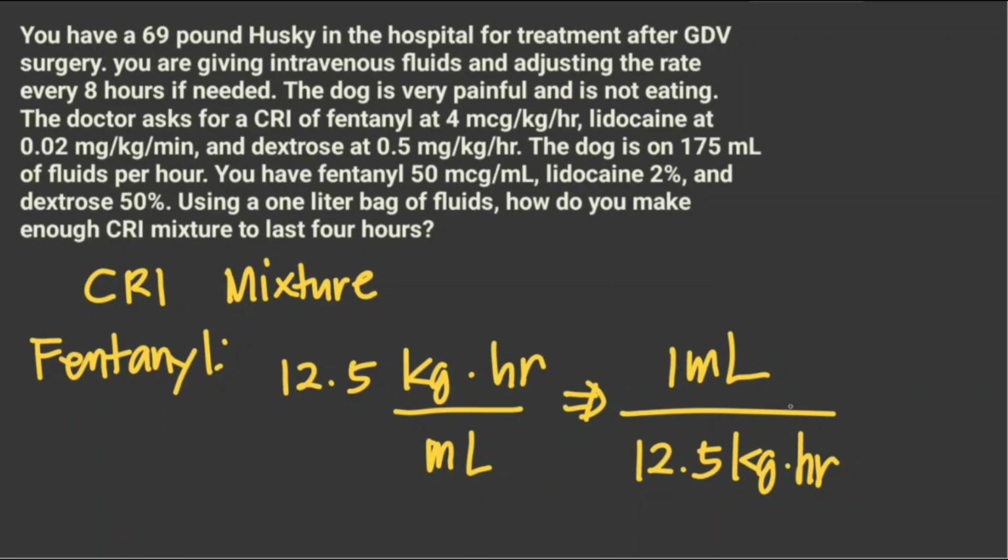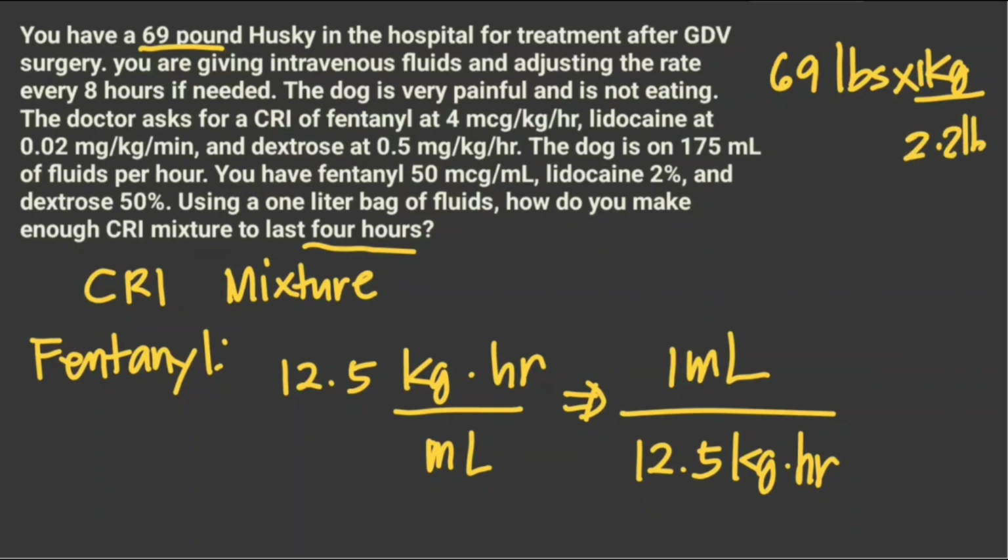So we just have to multiply this by the weight of the dog, which is 69 pounds, and the number of hours needed. Let's convert the 69 pounds to kilograms first. 1 kilogram is equal to 2.2 pounds, so this is equal to 31.36 kilograms.